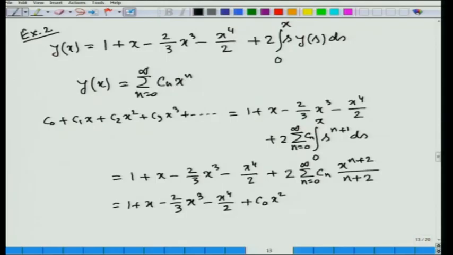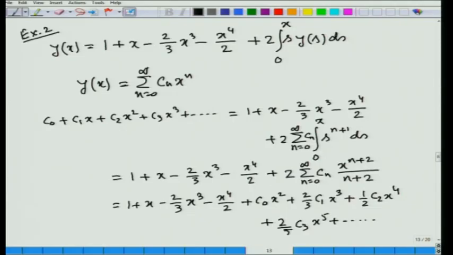Substituting n equal to 1 we will have 2/3 C 1 x cube, this is the second term from this series, then plus half C 2 x to the power 4, this is the term we get by substituting n equal to 2, plus the rest of the terms will be of the form 2 by 5 C 3 x to the power 5 and so on.